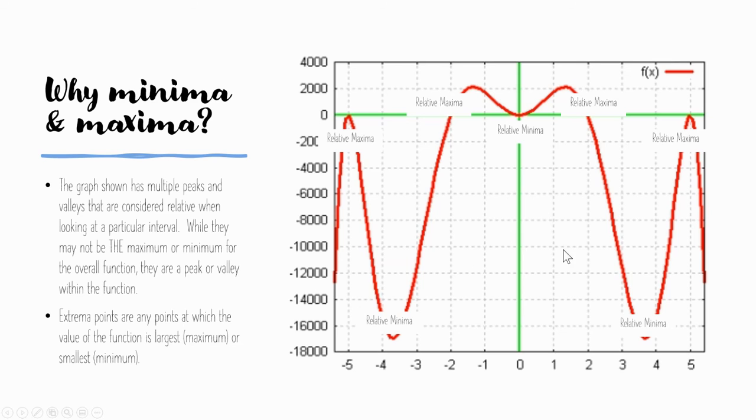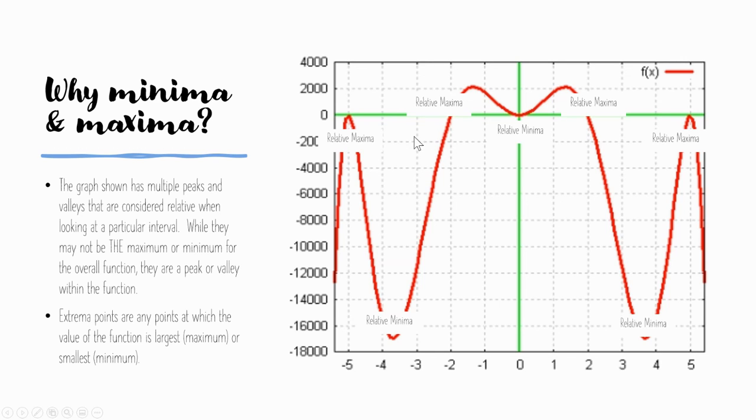All right. So when I look over here, I have a peak, but then I have a valley. Now I have a higher peak. I have a valley. I have a higher peak. I have a valley, and I have a peak. Notice I've labeled them.